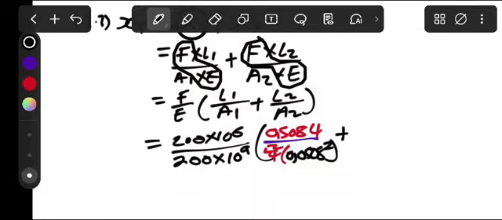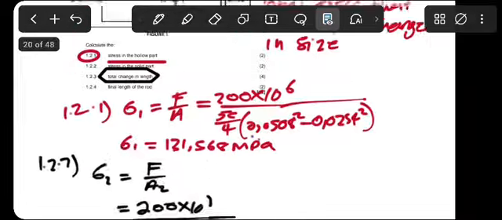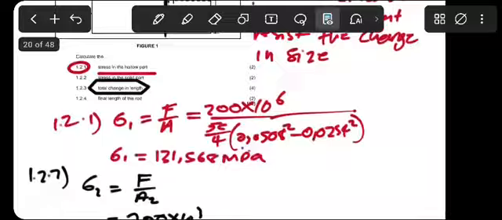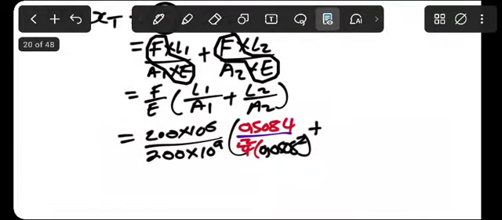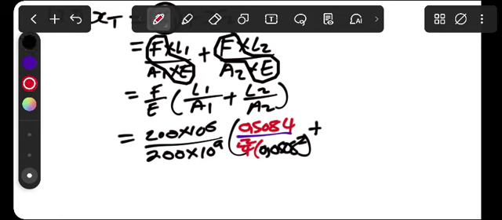plus now the length 2, what is L2, 10.6 centimeter, which is the same as 0.1016.